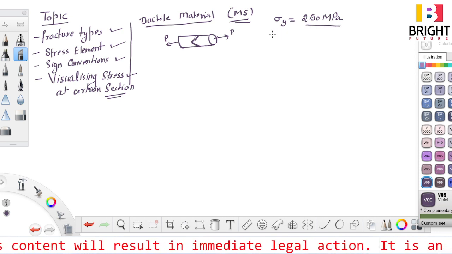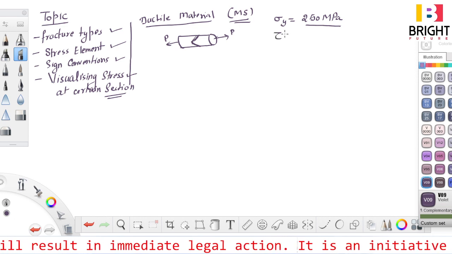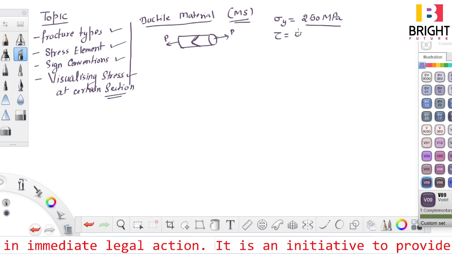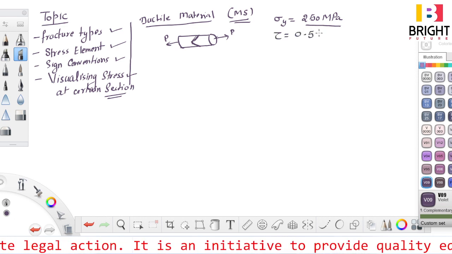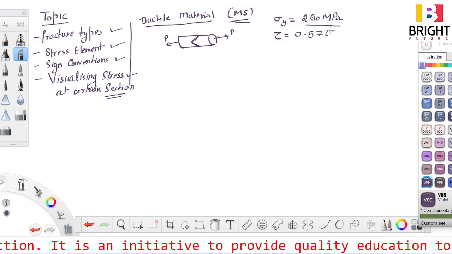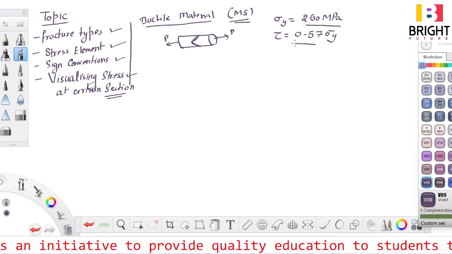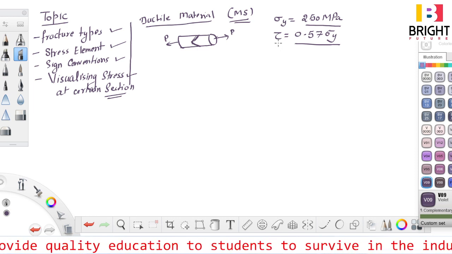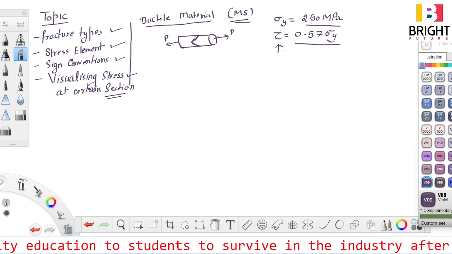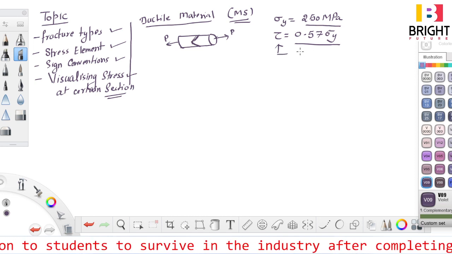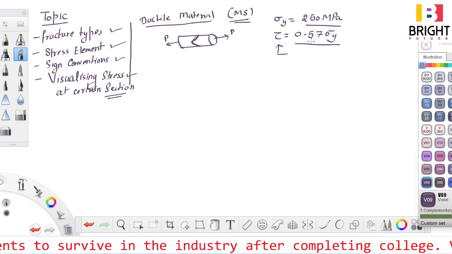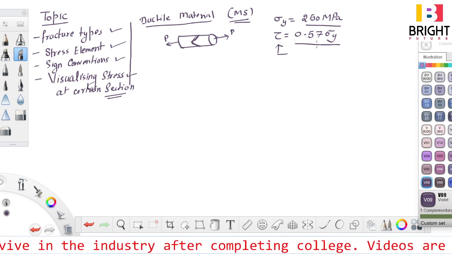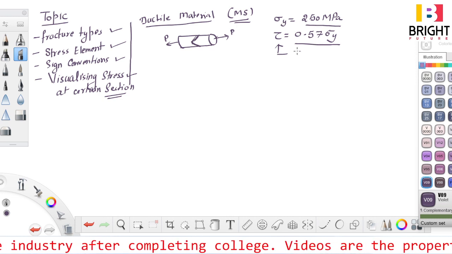But shear stress for this is approximately 0.57 times sigma y. Yes, shear stress. So the material will fail in shear on the shear plane first if shear stress reaches this particular value, right?